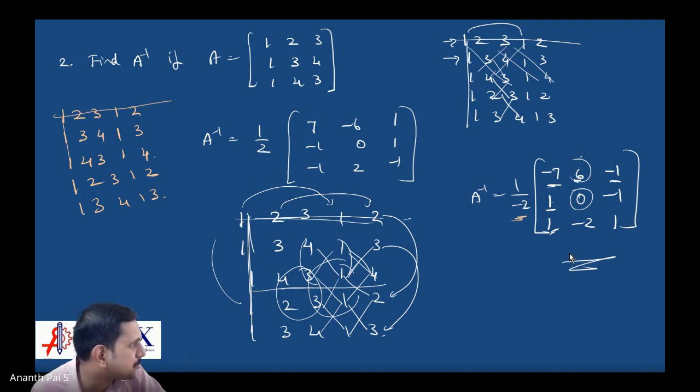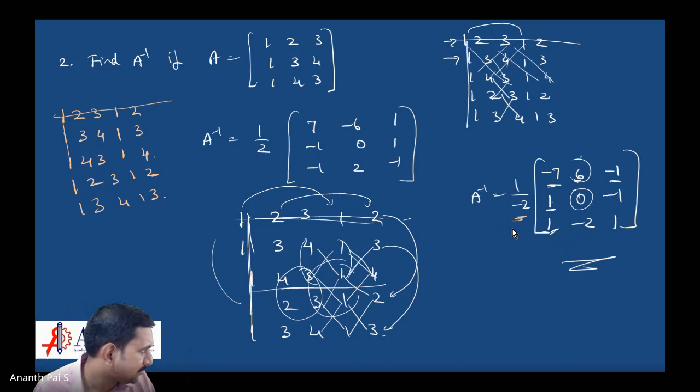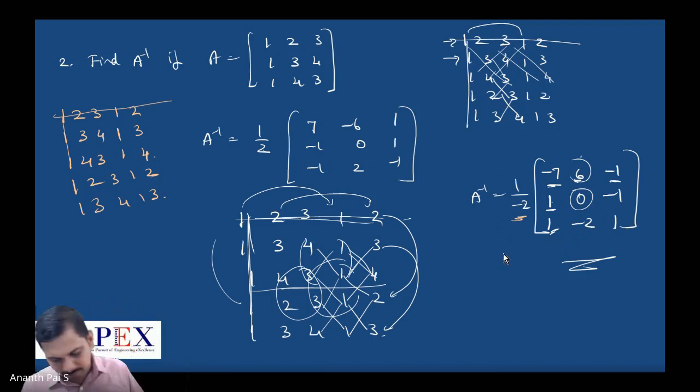That shows the transpose, so easily you can score marks. You can also write it as it is and then take the transpose. That's also possible, but keep in mind the transpose is important.